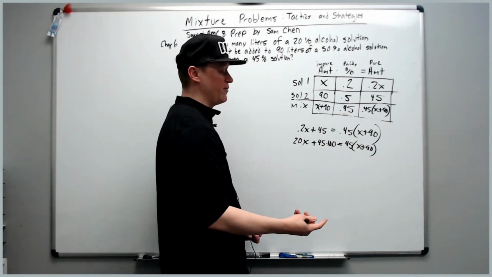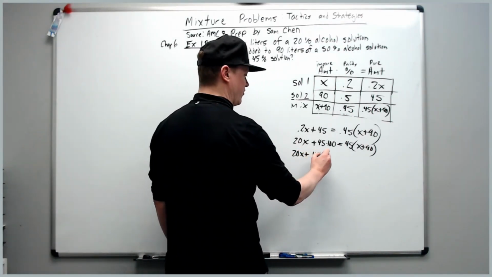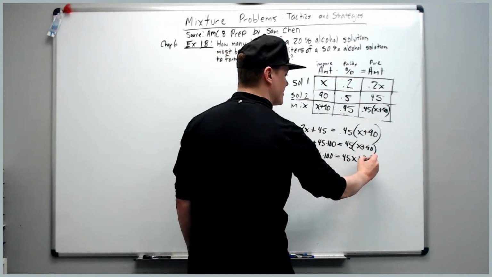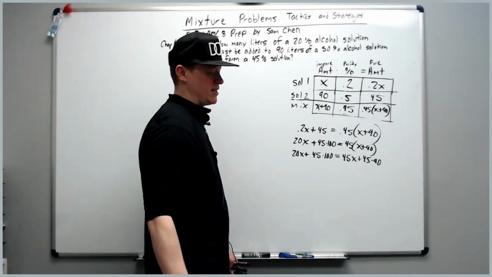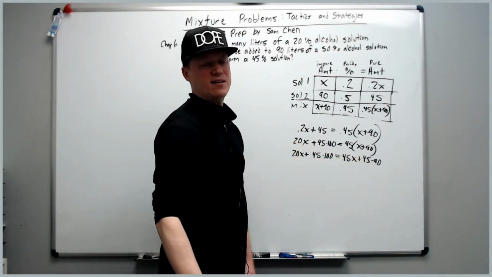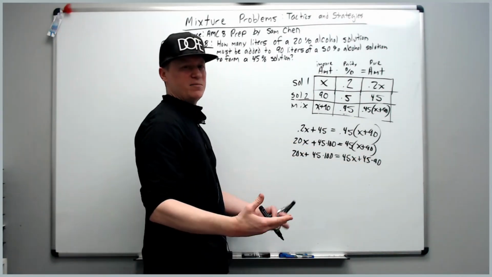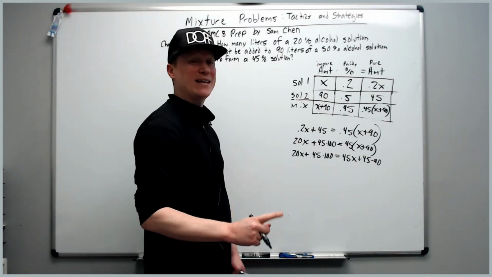You just multiply one of them. So this becomes 20x plus 45 times 100 equals 45x plus 45 times 90. And this is a principle of competition math. Never calculate anything until you have to. It's not that hard to calculate 45 times 90. Many of you can do it mentally, but there's a distinct advantage to waiting a little bit.